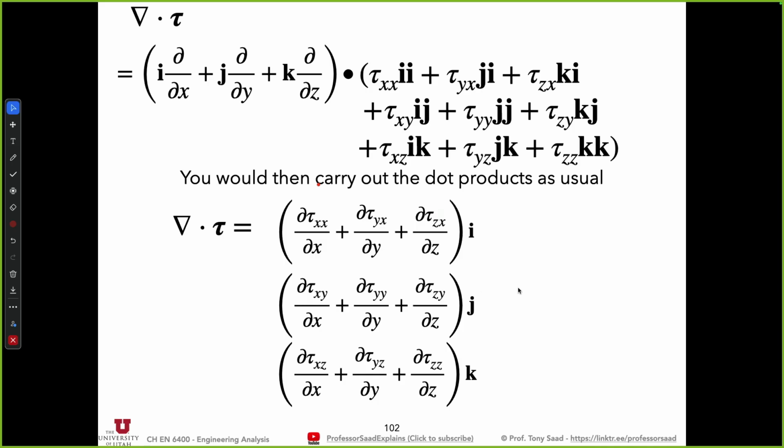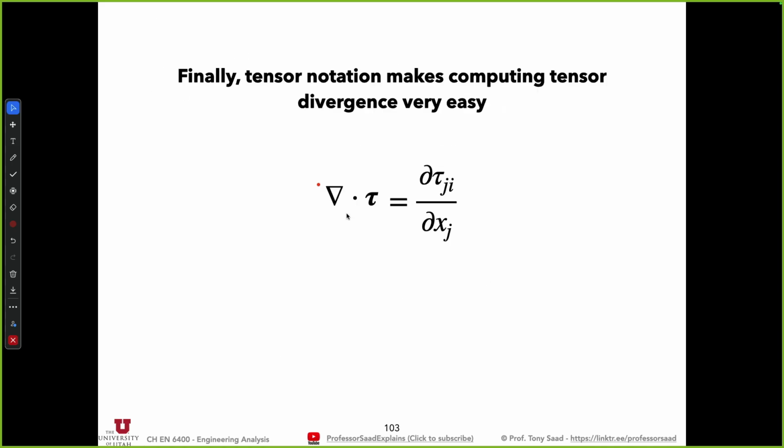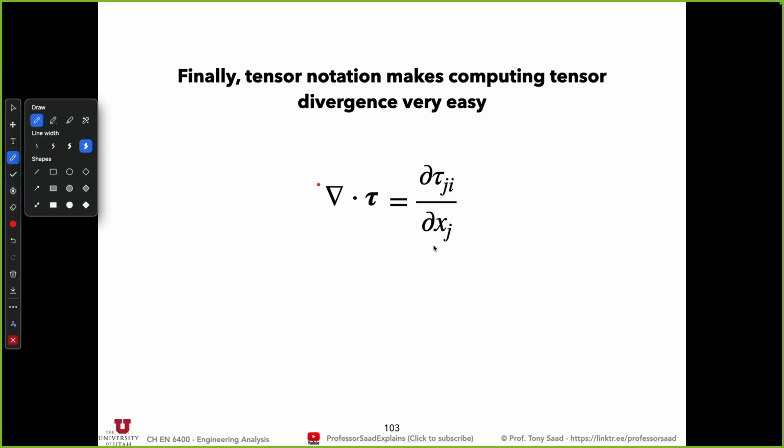Okay, the other way of doing this is also using tensor notation. And the same way we did with the advective flux tensor u j rho u i, the divergence of the diffusion tensor looks the same. You're differentiating with respect to the direction index. And notice here, be very careful.